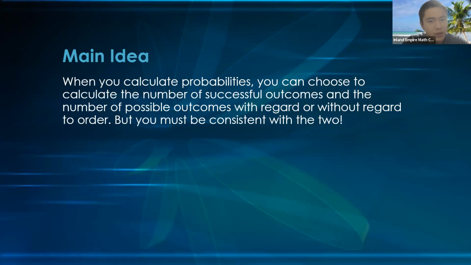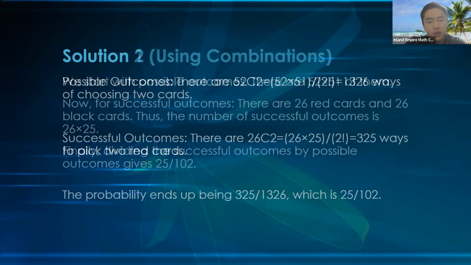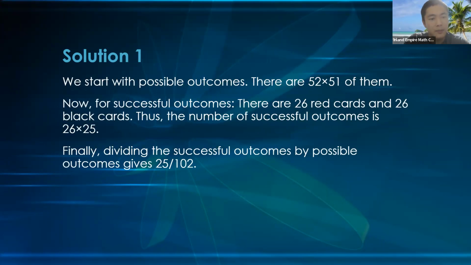Just to elaborate on that, let's go back to the first solution. Notice how when we calculated the possible outcomes, we accounted for the order of the 52 cards. The order matters for possible outcomes. But when we calculated the successful outcomes, we also accounted for order. We did 26 times 25. We didn't divide by 2. So if you want to include order, then you have to account for order in both possible and successful outcomes.